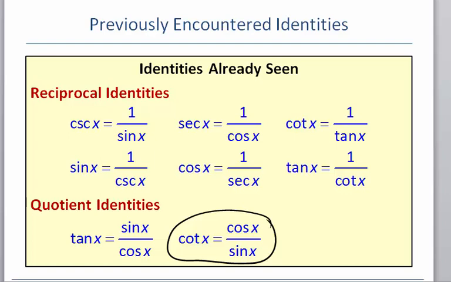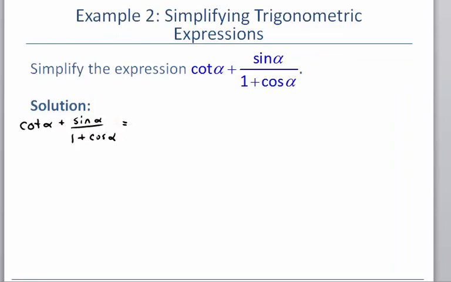So I'm going to go back to my problem and plug that in. So in place of this cotangent, I'm going to do cosine over sine. And the second fraction, I'm going to leave as is.